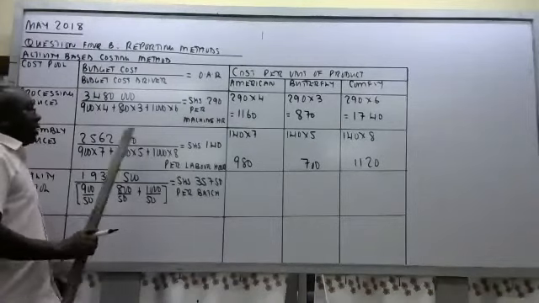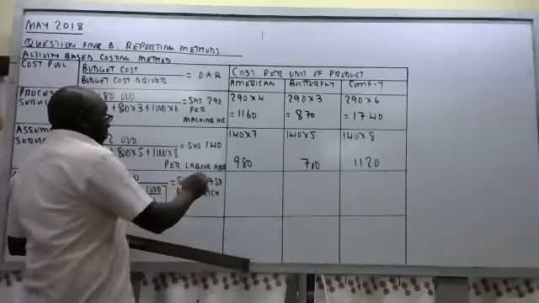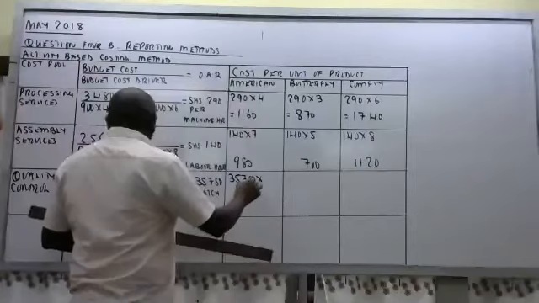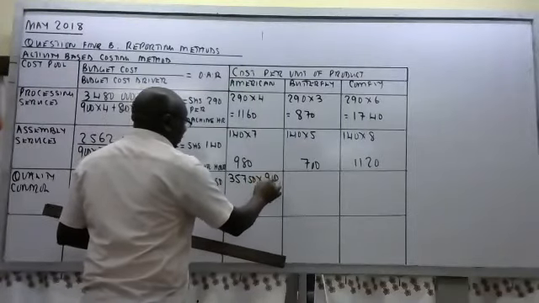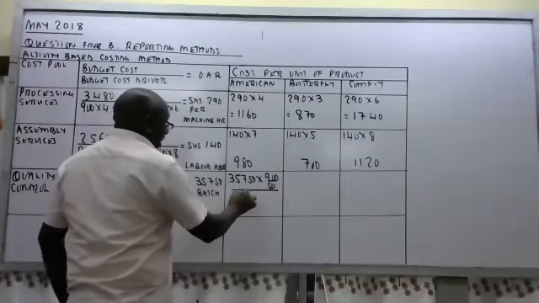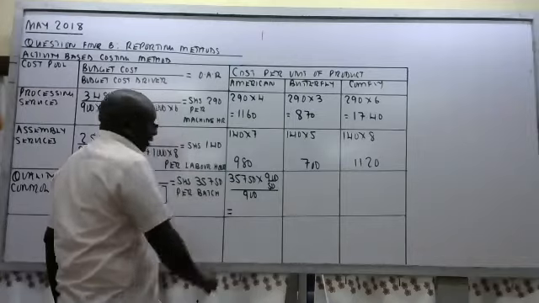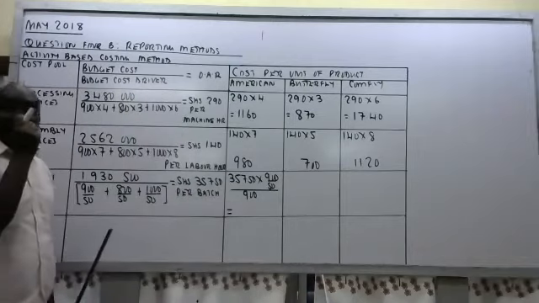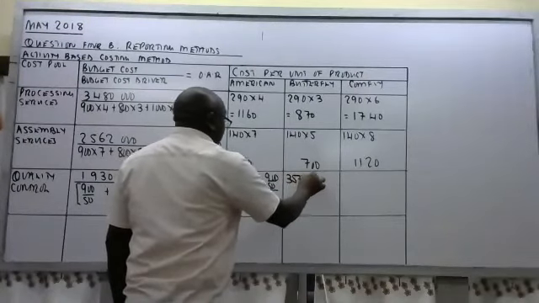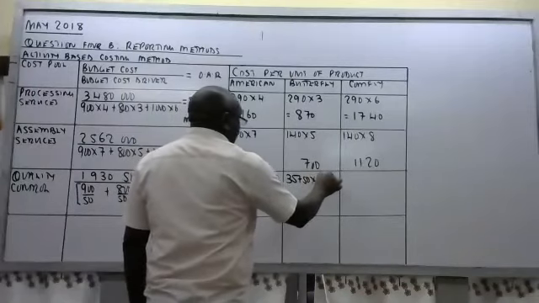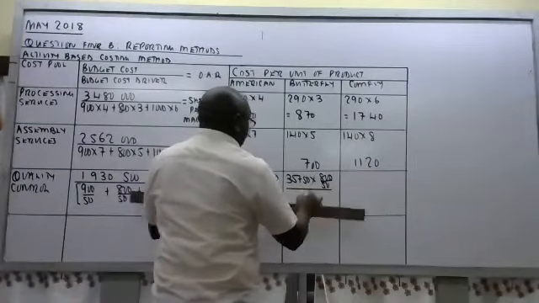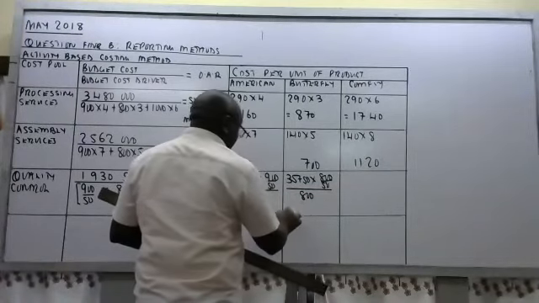So when you come here to get per unit, you will argue like this: 5,750 times 900 out of 50, then all this you divide by 900. The same case here, 5,750 multiplied by the batches, 800 out of 50, then divide by 800.